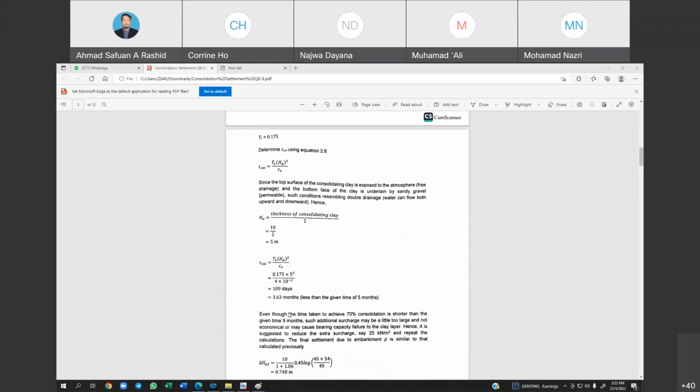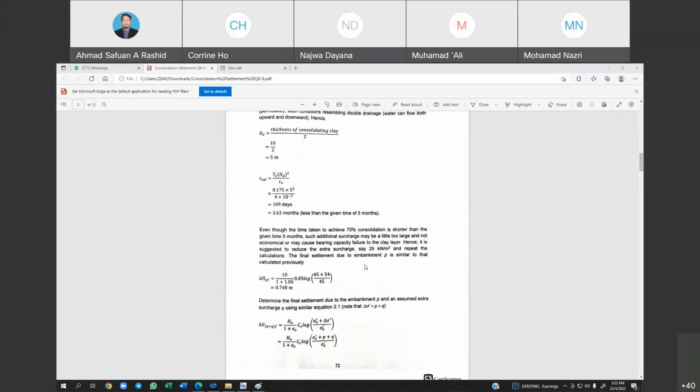Now they reduce to what we call 25. So actually we not only consider the settlement of the embankment, we also consider the bearing failure.